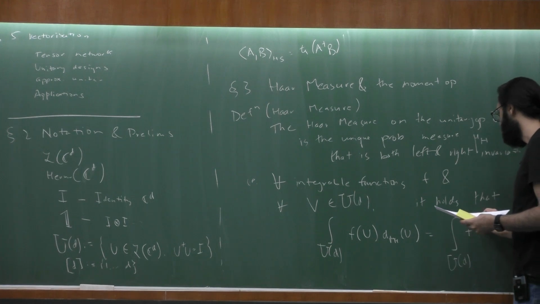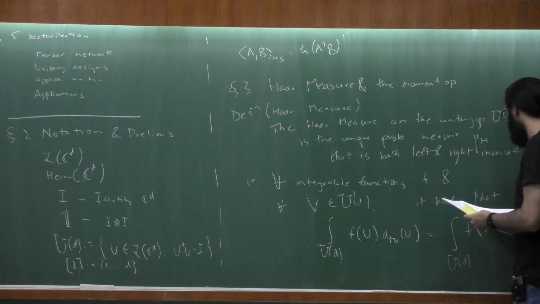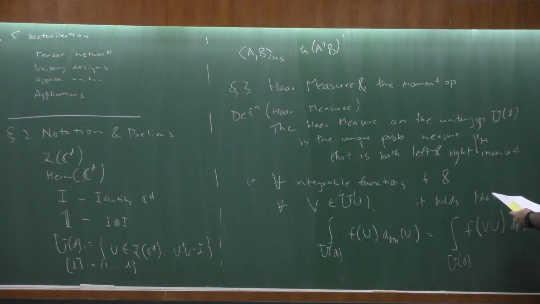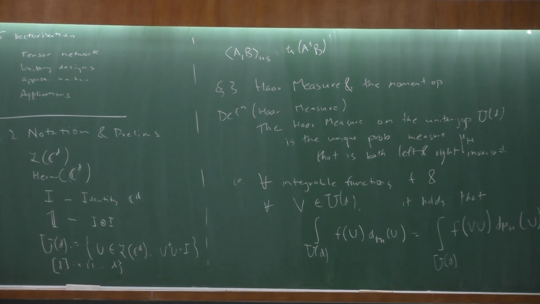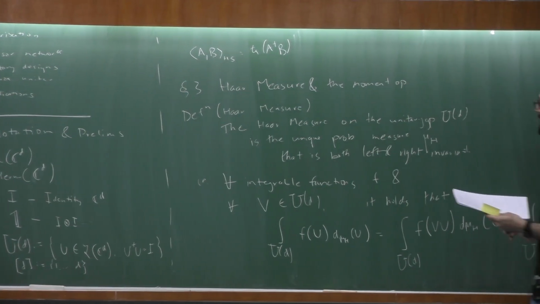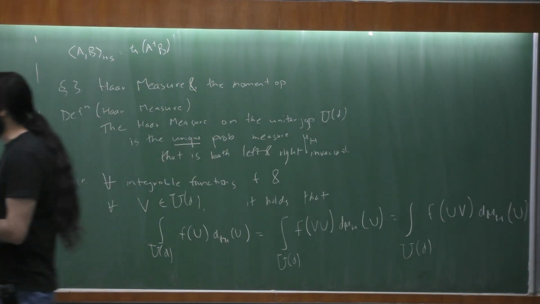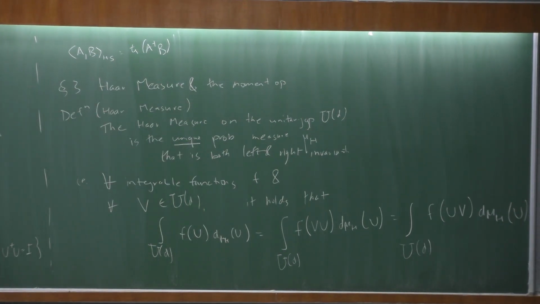Right. So V was the arbitrary unitary, so f(VU) dmu_H(U) has to be the same as the same thing on the right. So that was the definition we'd written down last time, and we're just going to assert even now that this is going to be unique. We'll not prove it because that gets too deep in math for this course.